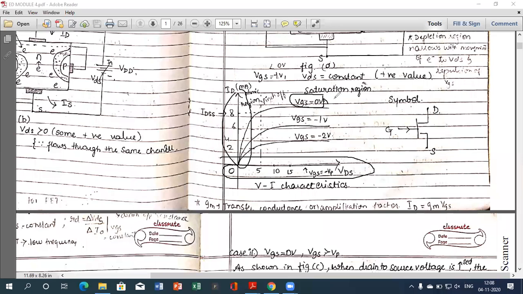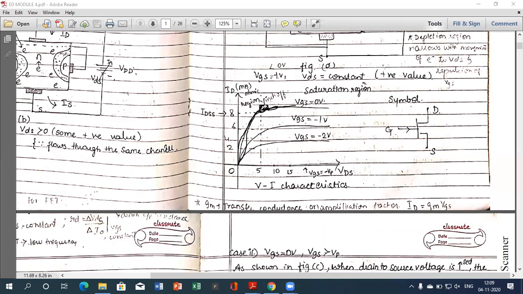When VGS is at 0 volts, if I go on increasing this VDS to a particular value, assuming that when the VDS is at 5 volts, at that time the maximum number of electrons flow through the channel and cause this current, which is shown here, the current which flows at this level when it is at 5 volts. At this much, it goes on increasing.